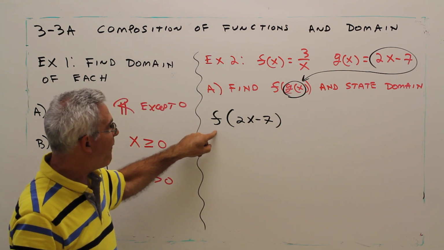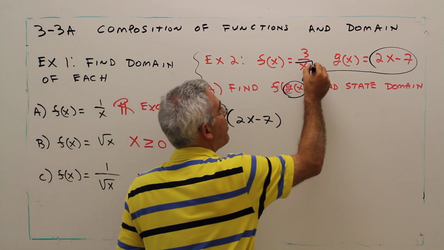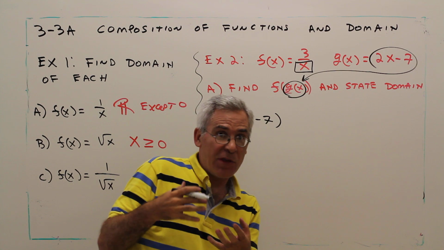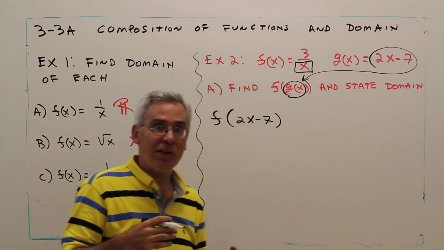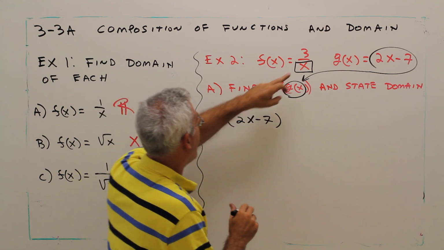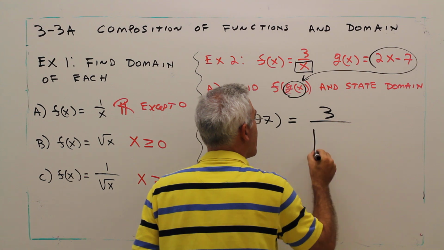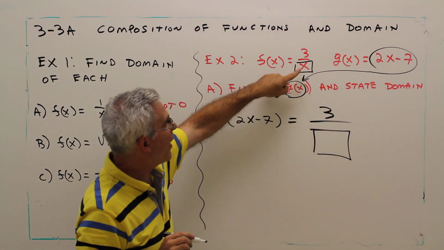Then I'm going to go to my f function, and wherever I see an x, I'm just going to replace it with an input box, because one function is getting input into the other. Some students have confusion with that. So I'm going to write my f function as 3 over input box.